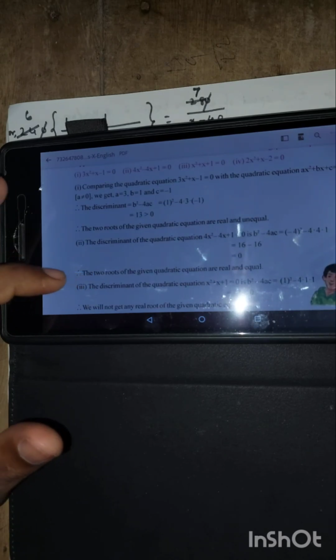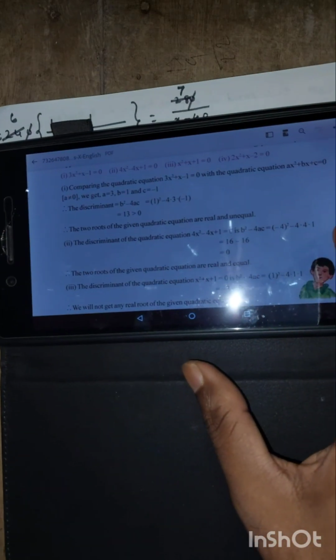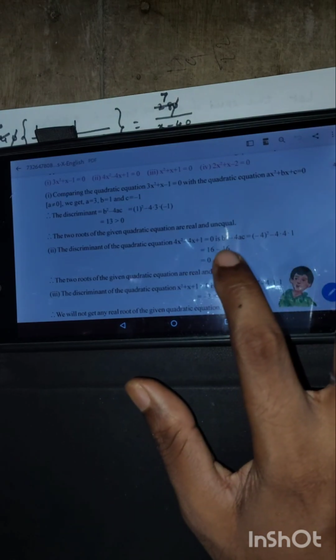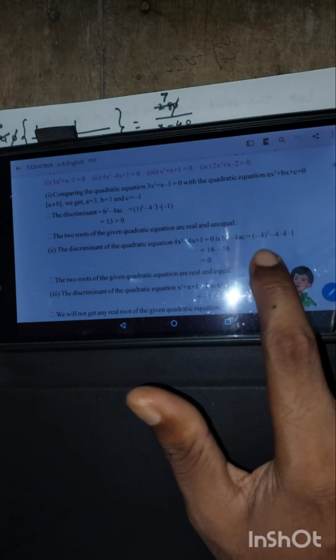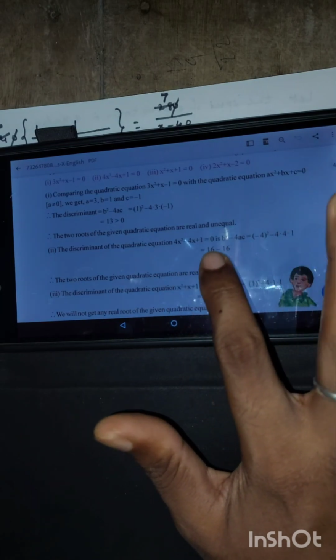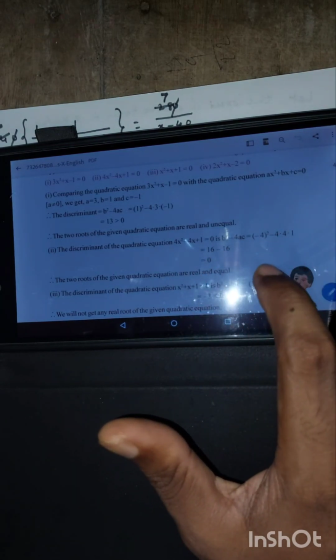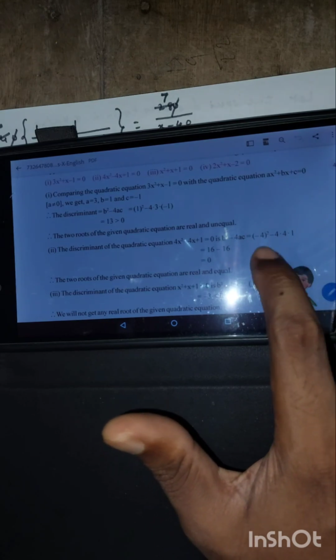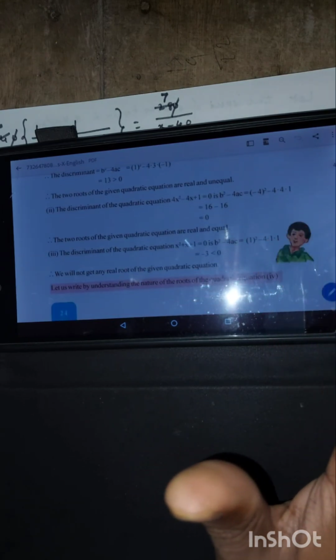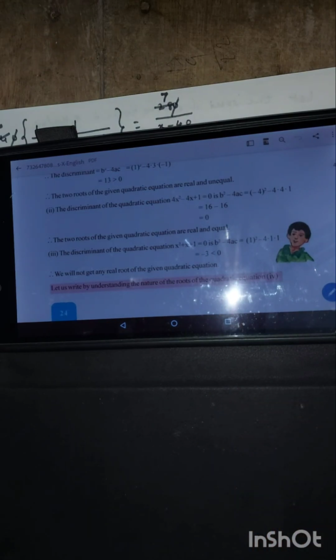The discriminant will be b square, that means minus 4 whole square minus 4ac. A is 4 and c is 1. So this part is 0. So when the discriminant part is 0, the roots should be real and equal. This is how we can tell the nature of roots of a given quadratic equation.